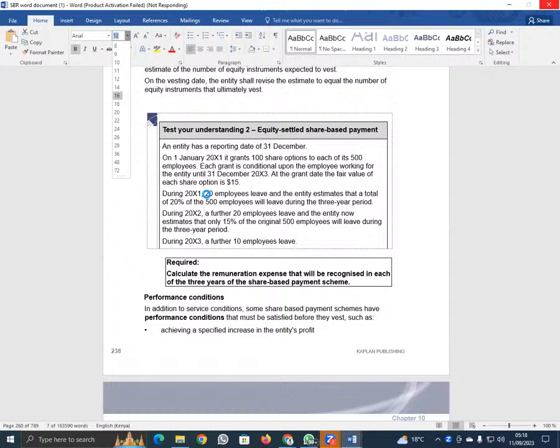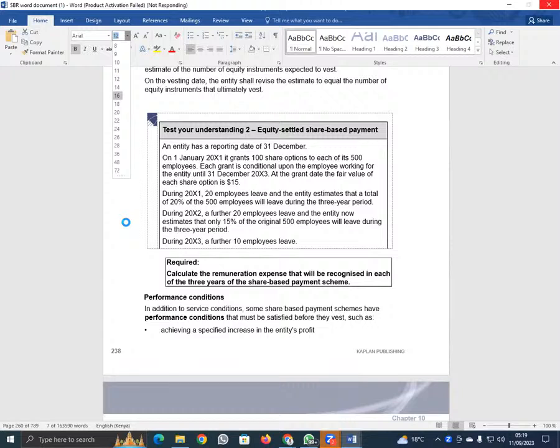At the grant date, the fair value of each share option is 15. During 2021, 20 employees leave the company, and the entity estimates that a total of 20% of the 500 employees will leave during the 3-year period.